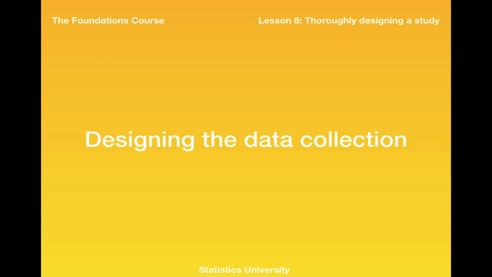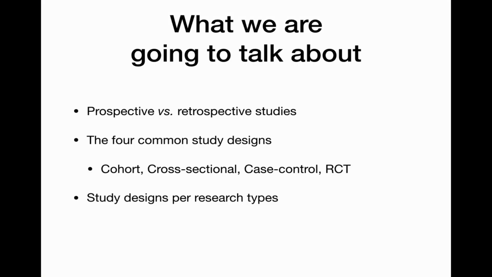All right, now let's look at designing the data collection. What we're going to talk about in this section is prospective versus retrospective studies, the four common study designs, among which are the cohort study, a cross-sectional study, case control study, and a randomized controlled trial, and different study designs per research type.